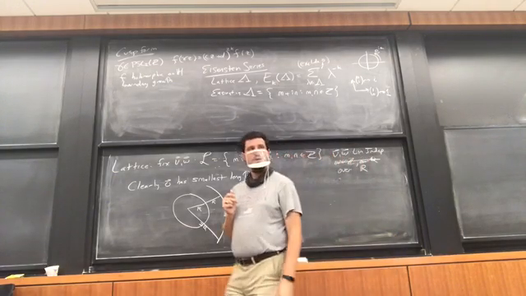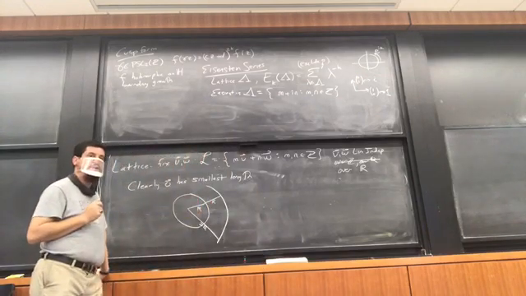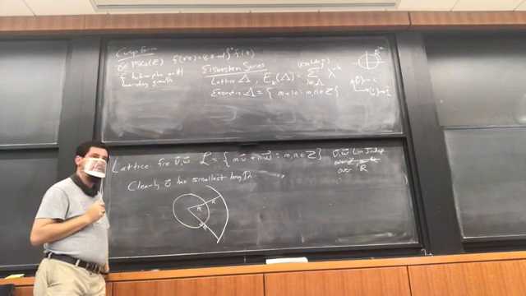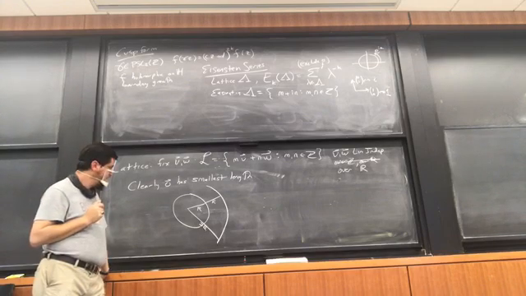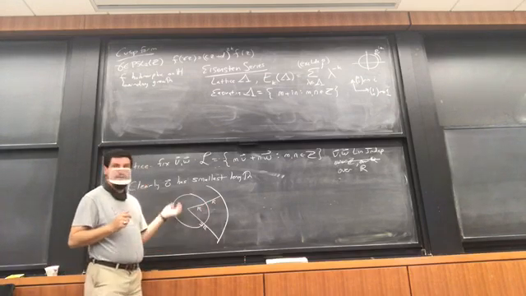Roughly R squared. Why R squared? Because if you look at the volume of each circle, it grows as R squared. So the volume grows like R squared, so this band will have area R squared.